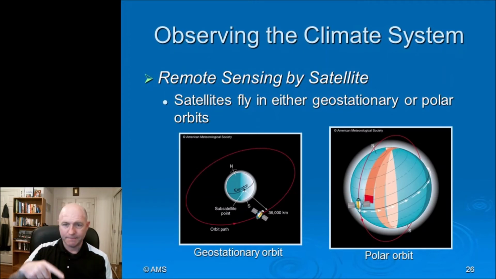So twice a day, you will see the same spot on the Earth as the satellite goes up and down as the Earth goes around. With a polar orbiter, you get very good spatial coverage, but you don't get it consistently. With geostationary, you get consistent coverage, but it's just not as accurate or as high of a resolution.